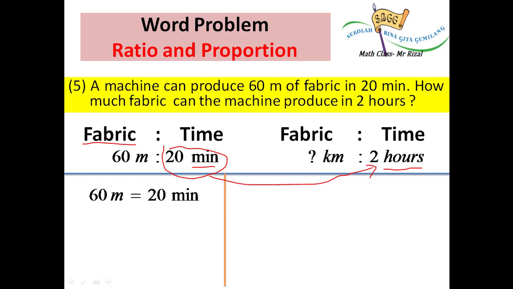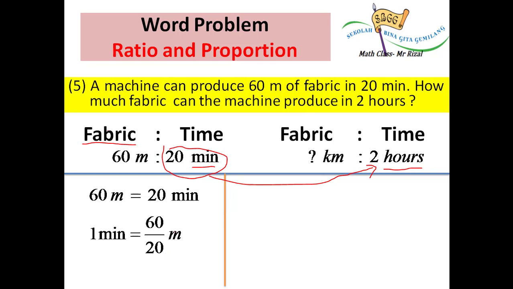So what changed into one? Yes, correct. 1 minute, not 1 kilometer. So if in 20 minutes you can produce 60 meters, in 1 minute you can produce 60 out of 20 meters. After you got 1 minute, you must go to 2 hours.